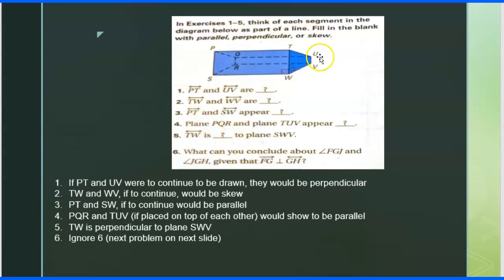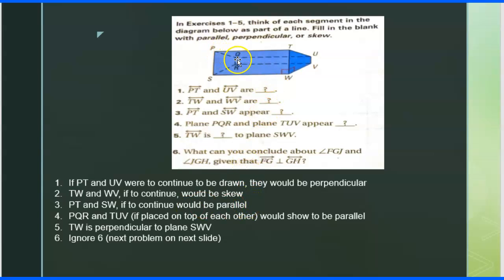Number 2, TW, which is right here, a vertical line, and WV. You can see this one going here. Those would be skew. We don't have enough information to know if they could be perpendicular, but they are skew. Now we look at PT and SW. This one should be pretty easy. It's parallel.